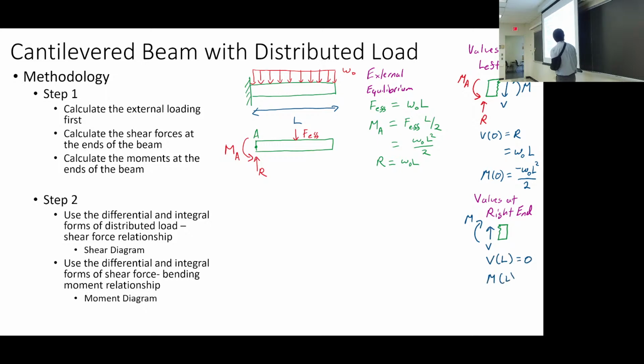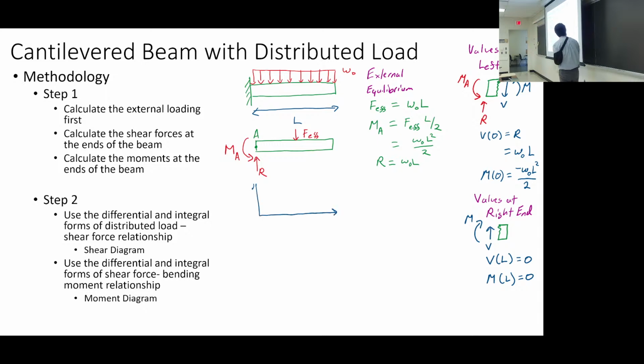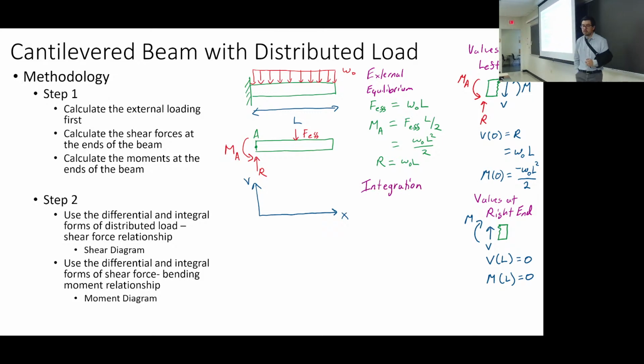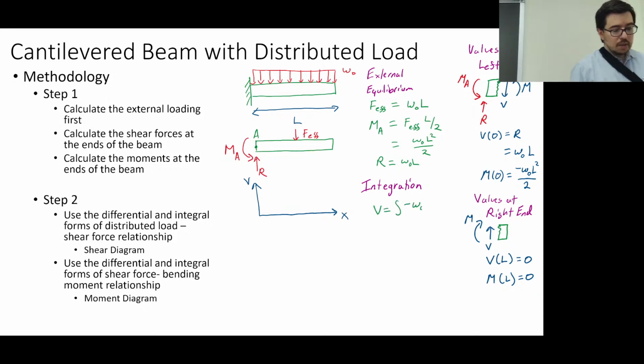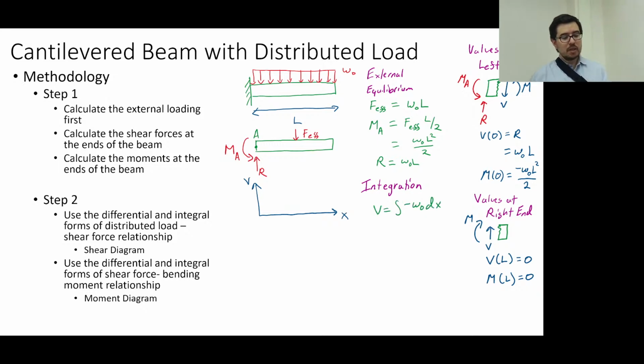These are 0 here, and then above we had an R and an M_A. Make sure we get the arrow conventions correct. Then we can do the integral of the distributed force with respect to x, and in this case W naught is negative, so we'll put a negative sign in there.